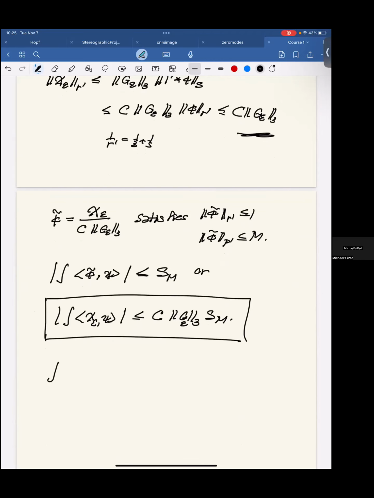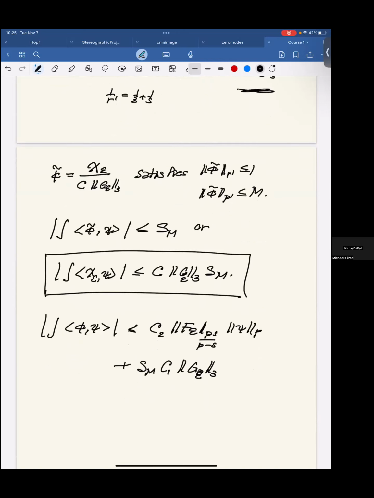We learn that the integral of phi psi magnitude is less than a constant, let's call it C2, f epsilon ps over p minus s, psi p, plus Sm C1 times G epsilon 3.